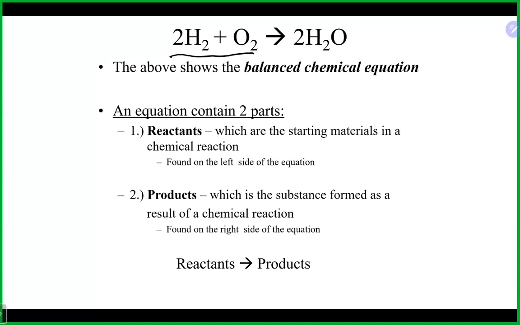Those are what are referred to as reactants. A reactant is what comes together. And on the right-hand side of the arrow are our products, which is what is formed. That arrow is a one-way arrow, which indicates that it's just going from reactants to products here.